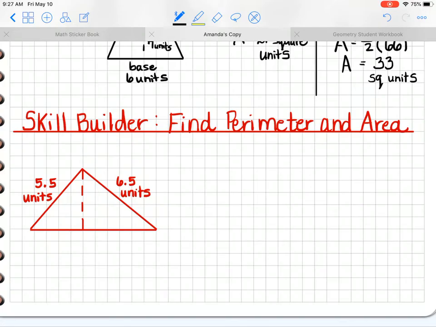If you need help with it, you can certainly start the video back up. But I would use this sort of as a test question to see how well you can do this skill without my help. So if you want to pause your video, and then when you're ready to check, restart the video, and I'll show you how to work these problems.